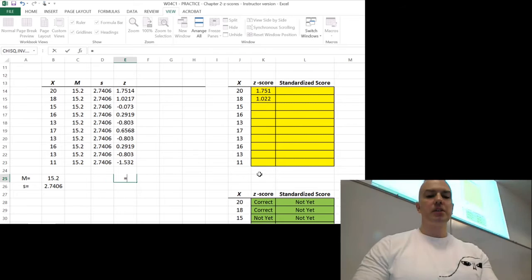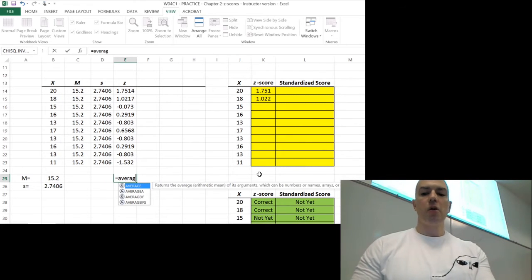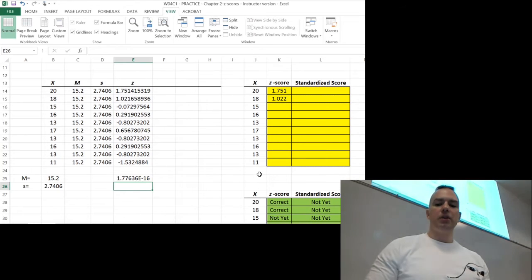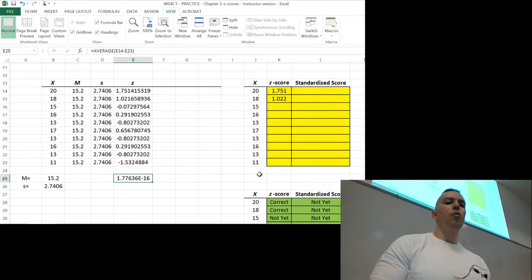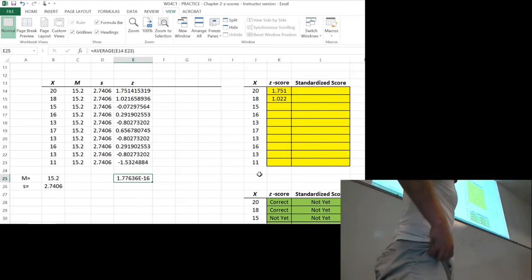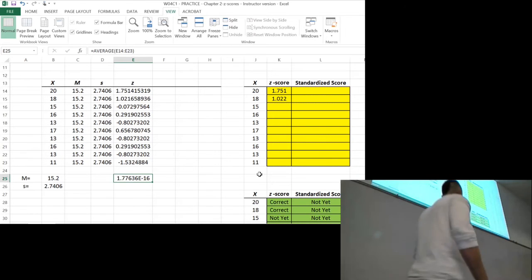Let's just check it. Let's go equals average, open parentheses, highlight your z-scores, and we see that we have 1.77 times 10 to the exponent minus 16. If you're not familiar with scientific notation, this is basically a very, very small number.